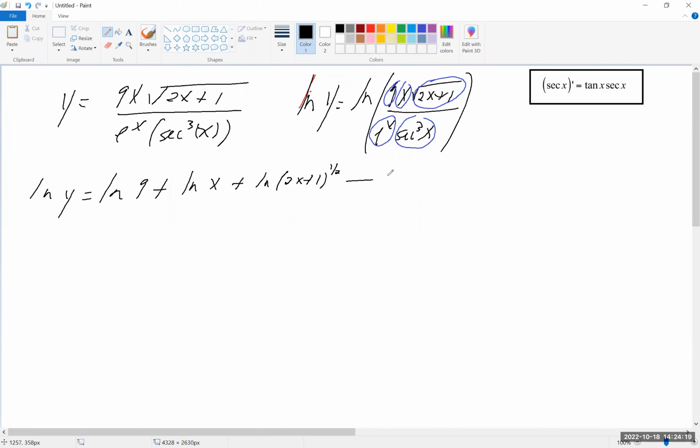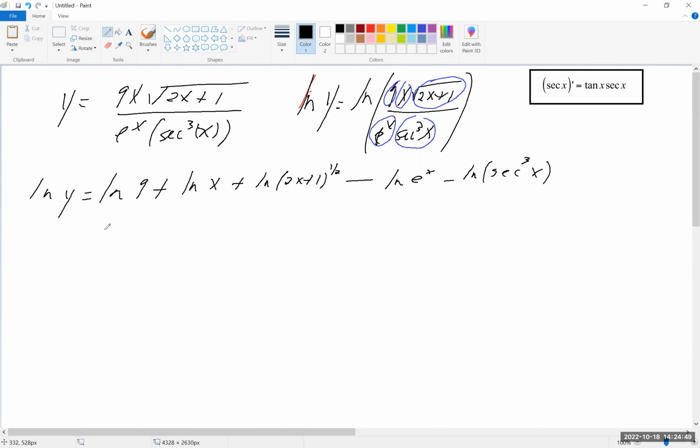And that's a minus sign because I have the natural log of e to the x. And then minus the natural log of secant of x cubed.